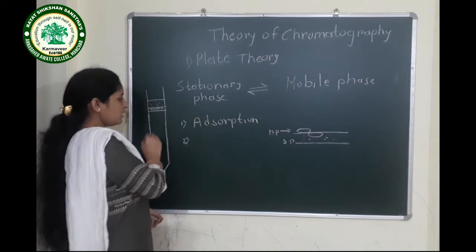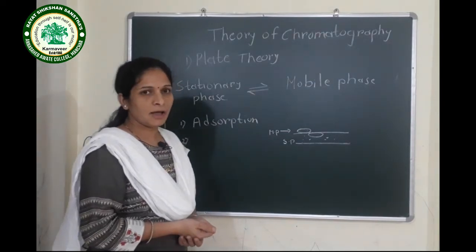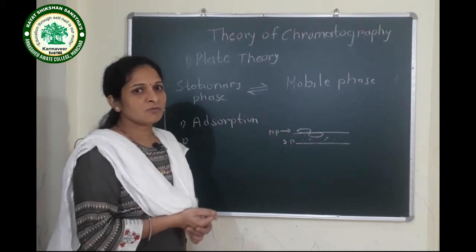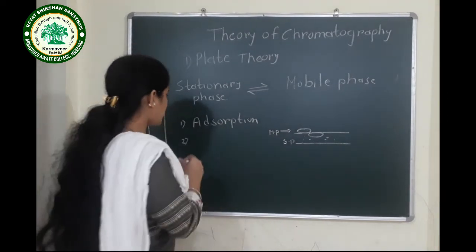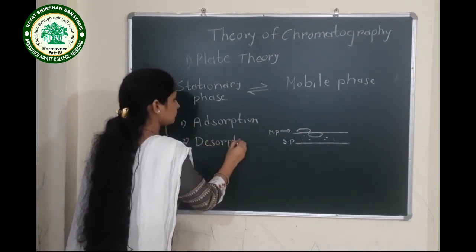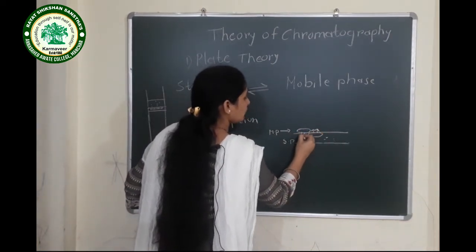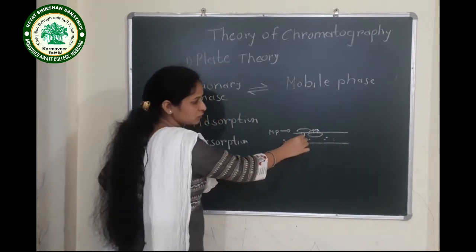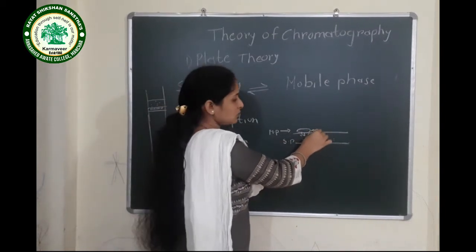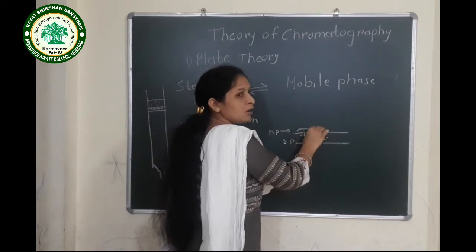Now what happens when the fresh mobile phase comes in contact with the stationary phase? The adsorbed molecules on the stationary phase get transferred again to the mobile phase. That process is what? Desorption. This means from the mobile phase the components are transferred to the stationary phase, and when fresh mobile phase comes in contact with the stationary phase, the components from the stationary phase get transferred again to the mobile phase.